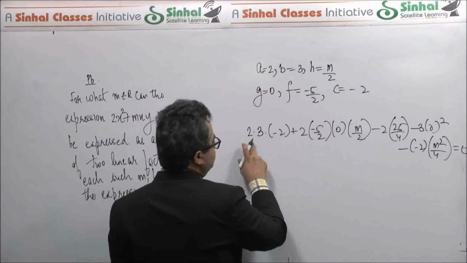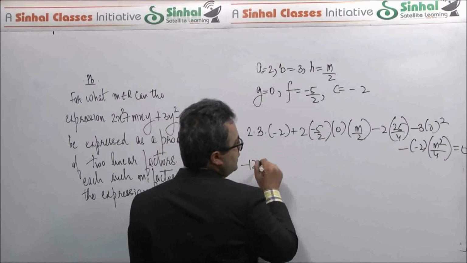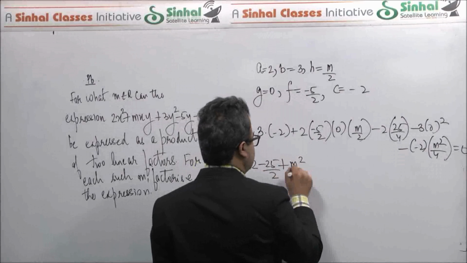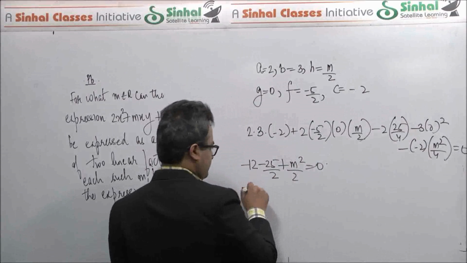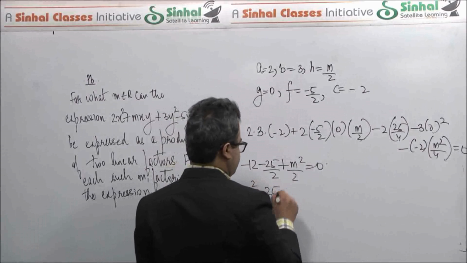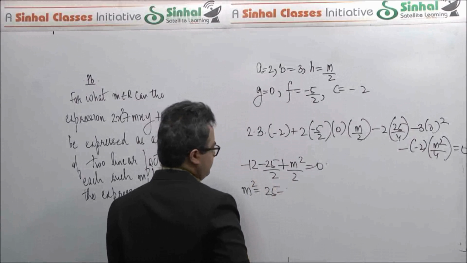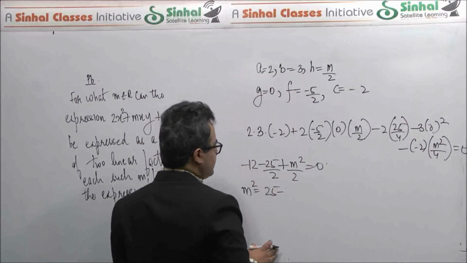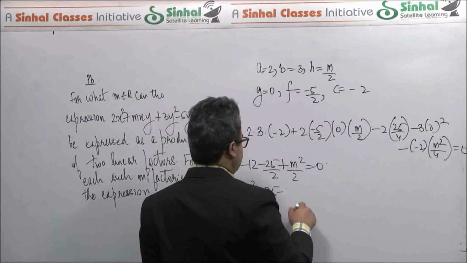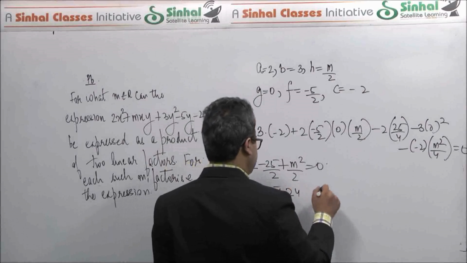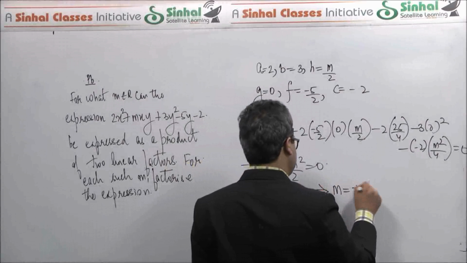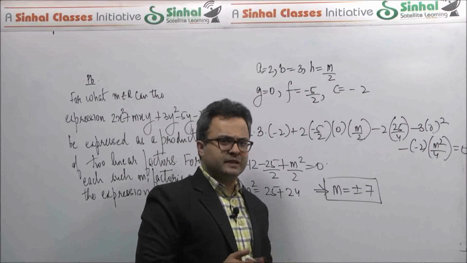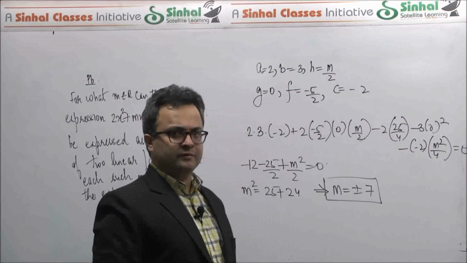That gives us 6 into minus 2, minus 12, minus 25 by 2, plus m squared by 2 must be 0. So m squared must be equal to 25 plus 24. That's 49. So m can be plus or minus 7. Right. So that's the answer to the first part. So m can take two possible values, plus 7 or minus 7.